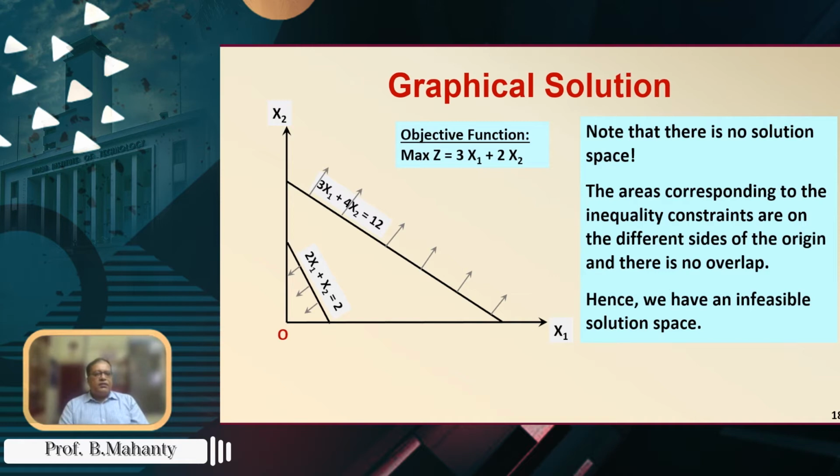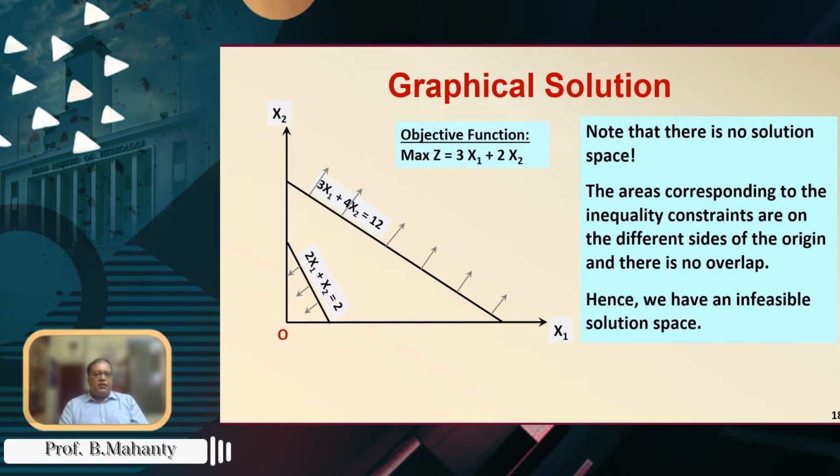So this is what happens: 2x1 plus x2 equal to 2. So 2x1 plus x2 less than equal to 2 would be towards the origin. And 3x1 plus 4x2 equal to 12, so this is that straight line. And 3x1 plus 4x2 greater than equal to 12 will be on the other side of the origin.